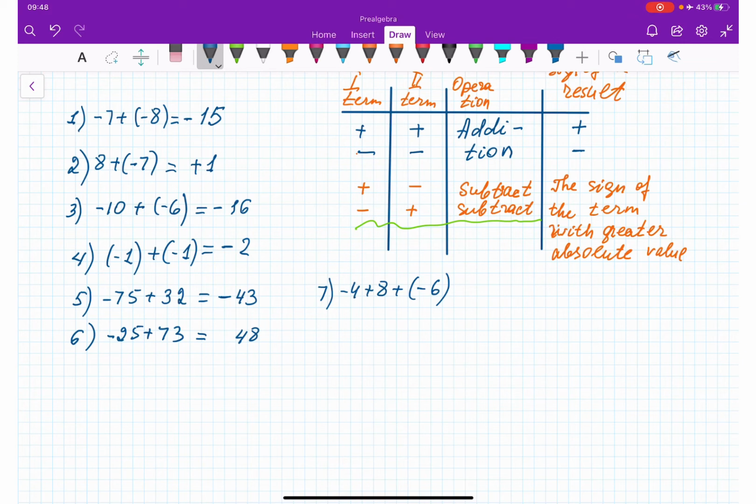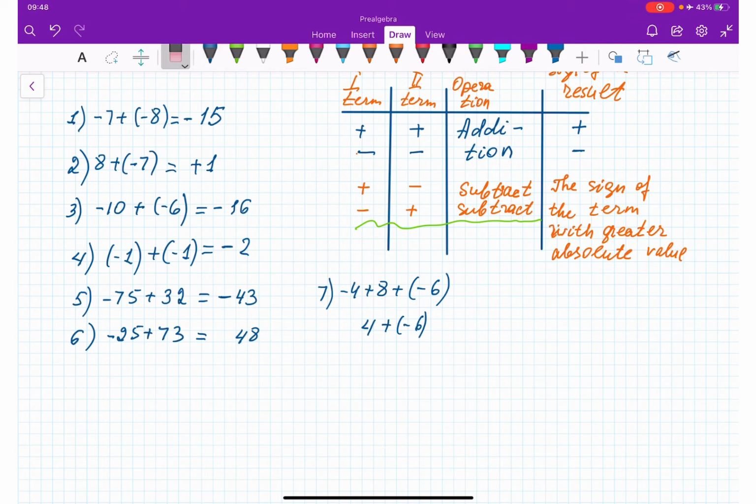It's again this green wavy line, negative, positive. So it's going to become -4, positive 8. I need to subtract. It's going to be 4, right? And the sign is going to be positive because absolute value of 8 is greater than 4. Since 8 is positive, I put positive plus -6.